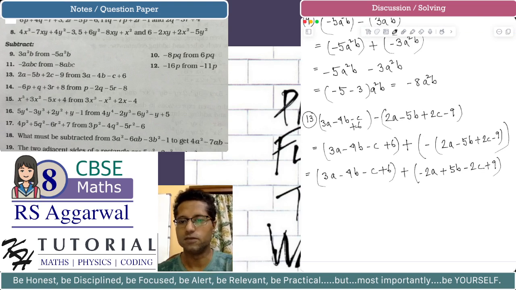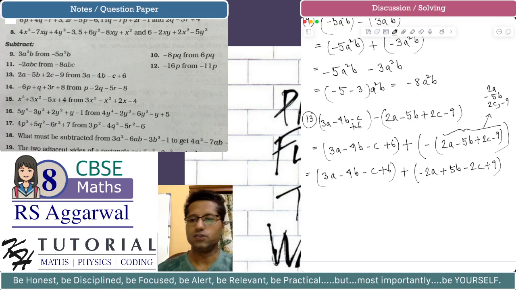The terms were 2a, minus 5b, 2c and minus 9. If you change the sign, 2a will become minus 2a, minus 5b will become 5b, 2c will become minus 2c and minus 9 will become 9.